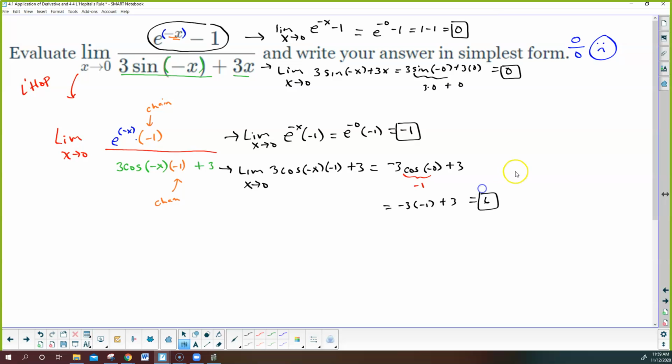Well, when I compare those, I get negative 1 over 6, and that actually is an answer that I'm happy with. So I could have been successful in just plugging 0, but I wasn't sure. So I'm just being safe.